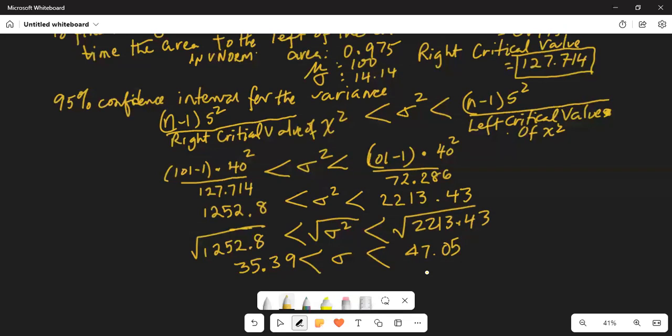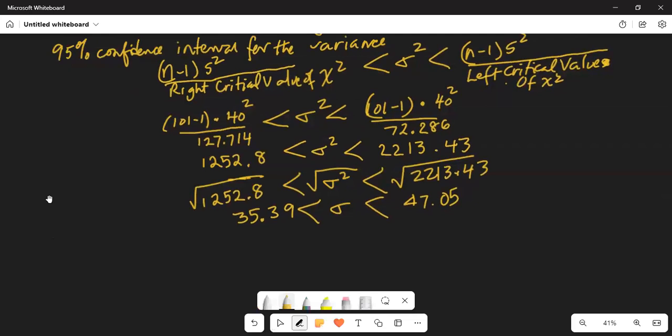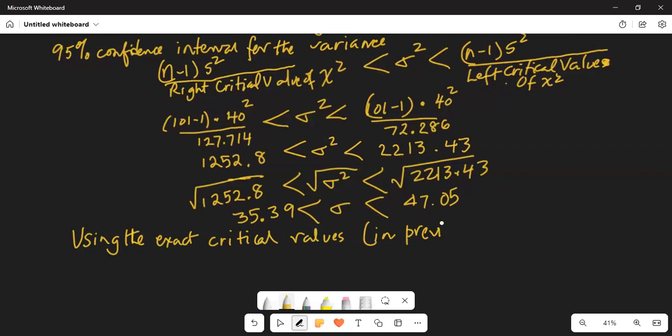In the previous problem, using the exact critical values of chi-square, not approximating, you must check out my presentation on that.